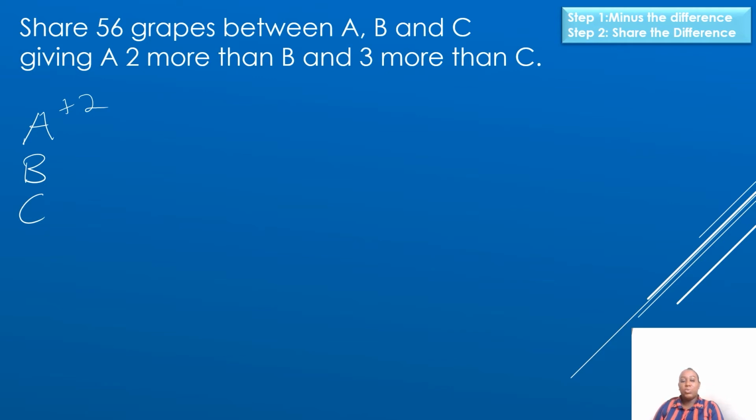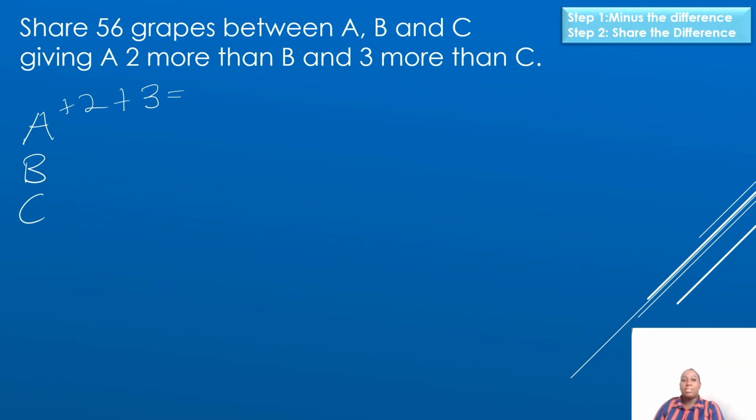Giving A 2 more than B and 3 more than C. So A is getting only 2 more than B and 3 more than C. Okay, so when we share our 56 into 3 parts, A is getting 2 more than B, only 2 more than B, and it's going to have 3 more than C.